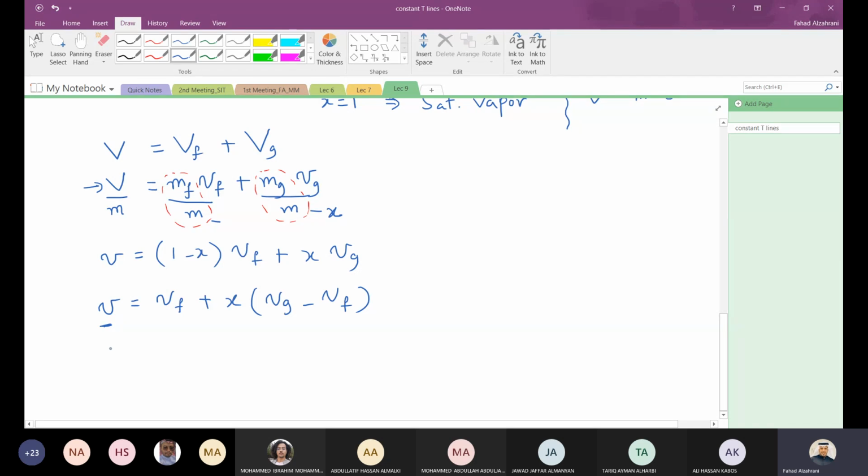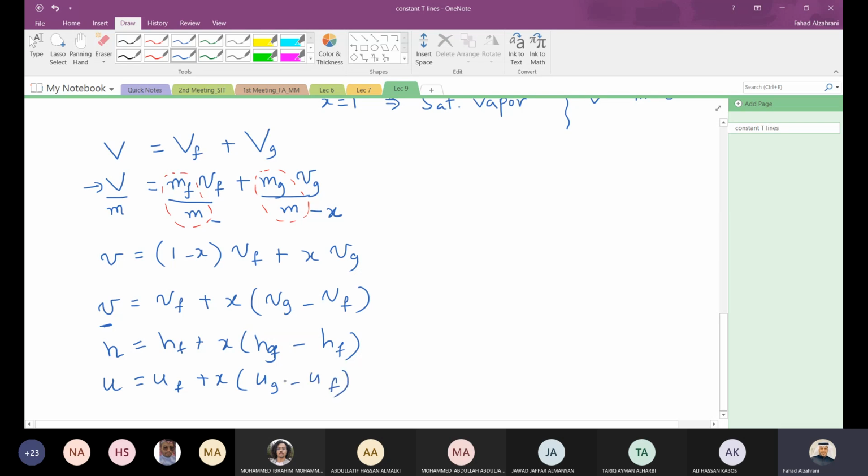Let's say for the enthalpy, hf plus x times (hg minus hf). For the internal energy u, uf plus x times (ug minus uf).